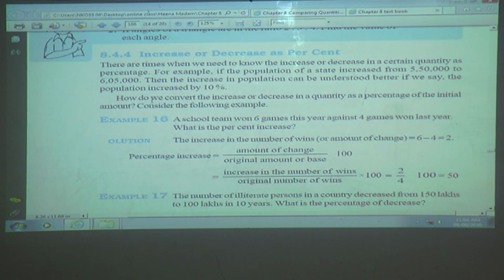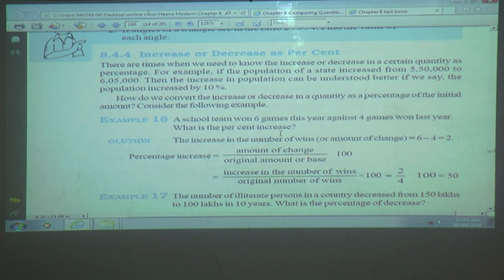So how do we convert the increase or decrease in a quantity as a percentage of an initial amount? Consider the following example, so you can understand how to find the increase in percent. A school team won 6 games this year against 4 games won last year. What is the percent increase? They have given a comparison of last year and this year.